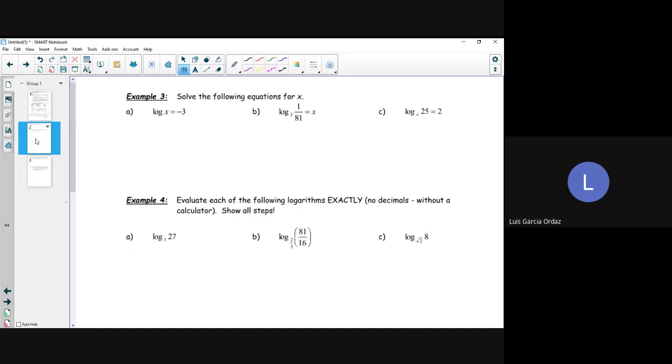So we're going to solve the following equations for x. Remember, the first one, we have log x is equal to -3. But remember, we need to assume that the base is 10. We are not going to use a calculator this time. So 10 to the negative 3 is equal to x, which means x gives us what?